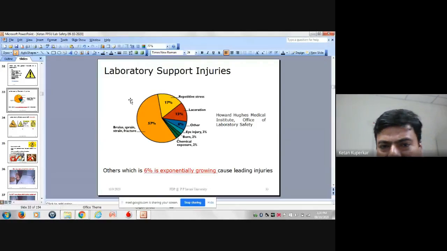The 6%, which is very interesting, is labeled as others. This others category is growing exponentially, which I will discuss a few slides later, and then you will understand why this 6% is increasing drastically. So this pie chart explains the several injuries which happen in the laboratory.